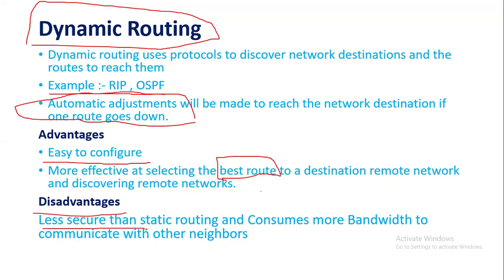It is less secure than a static route, because static routes are configured manually, while for dynamic it is selected by default. It also consumes more bandwidth to communicate with the other neighbors, but static routes don't use any bandwidth. So that is the difference between static routes, default routes, and dynamic routes.